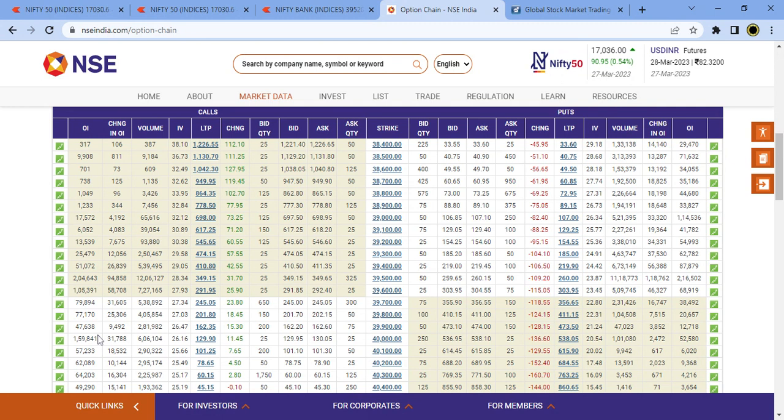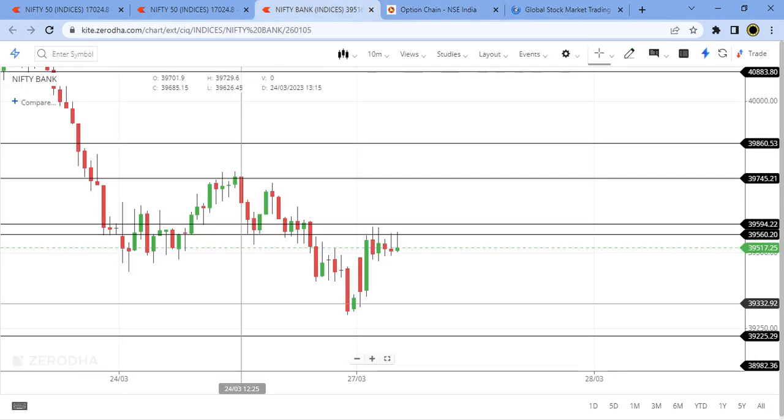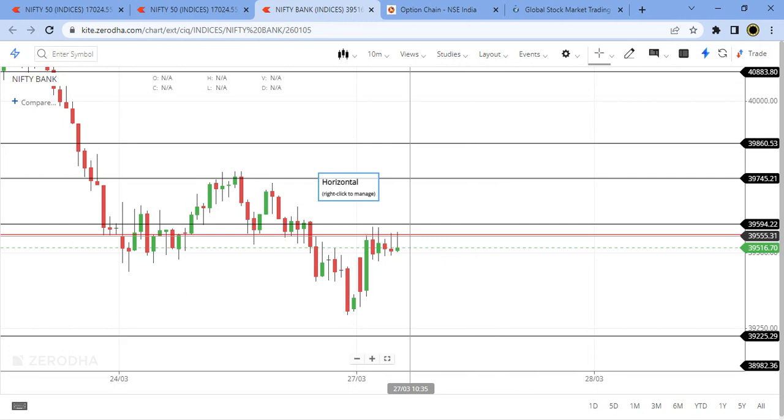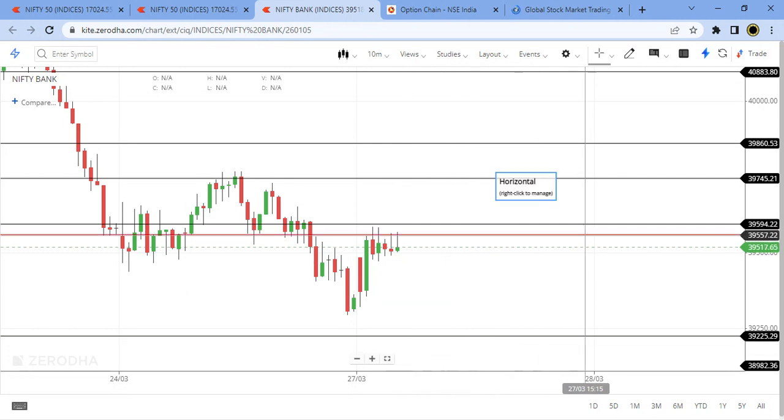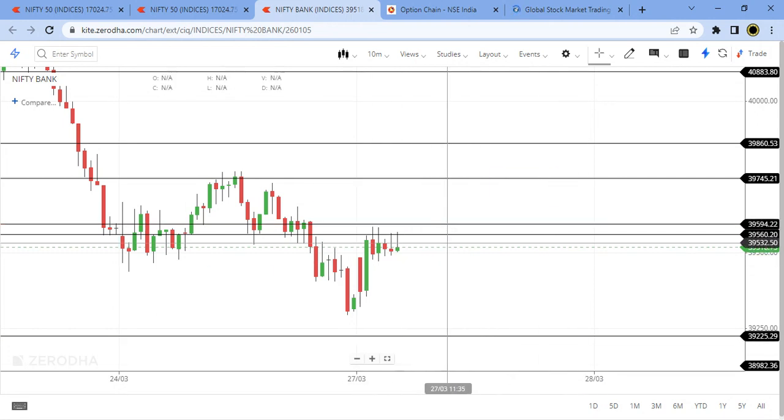Just be careful today because as per the option data, we cannot see a major movement at least till 12 or 12 to 1 o'clock, because at that time the major institutional players come into the market and drive the market upward or downward. So we have to see. As of now, the market will roam in this range itself, 39,500.